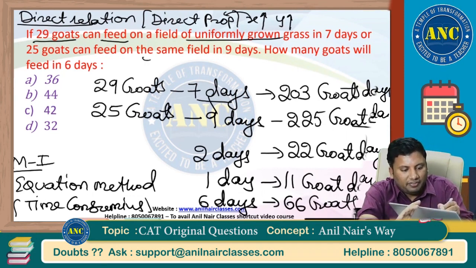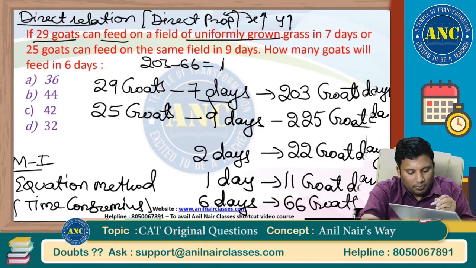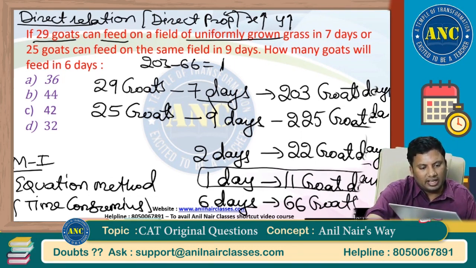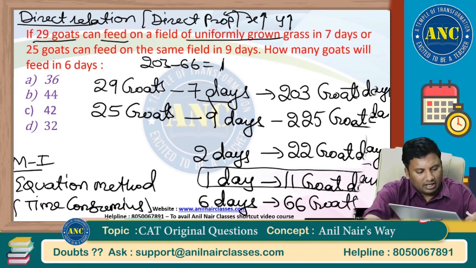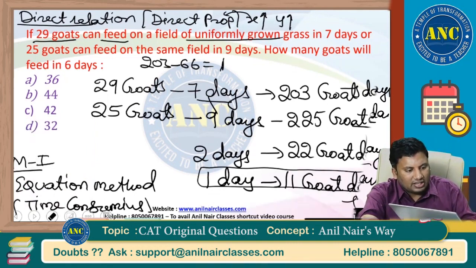So what is the difference? 203 minus 66. I hope it is clear. So 1 day it is 11, 2 days extra it is 22, 1 day it is 11 goat days extra work done. So I think you don't need to do any calculation. Here you can go by the answer options.